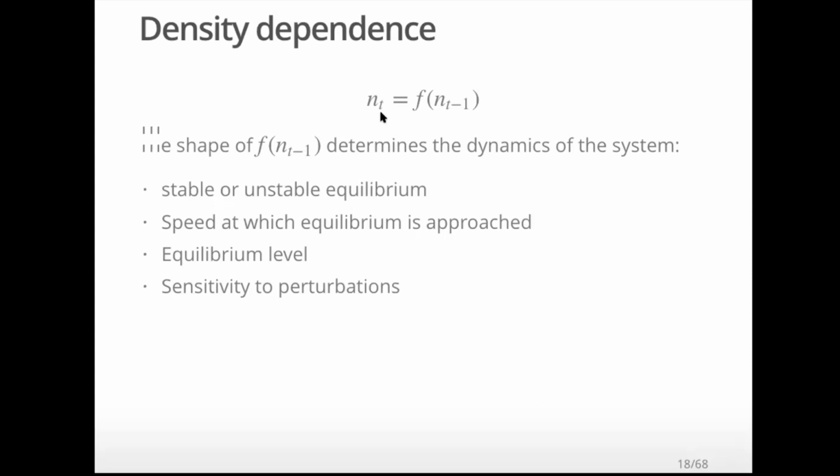So we go in, we change the environment that population is in. Well, the shape of this function determines what happens. Does the population tend to change quickly and go to a new place and then come back to equilibrium quickly, or does it kind of wander off when it is subjected to perturbations?